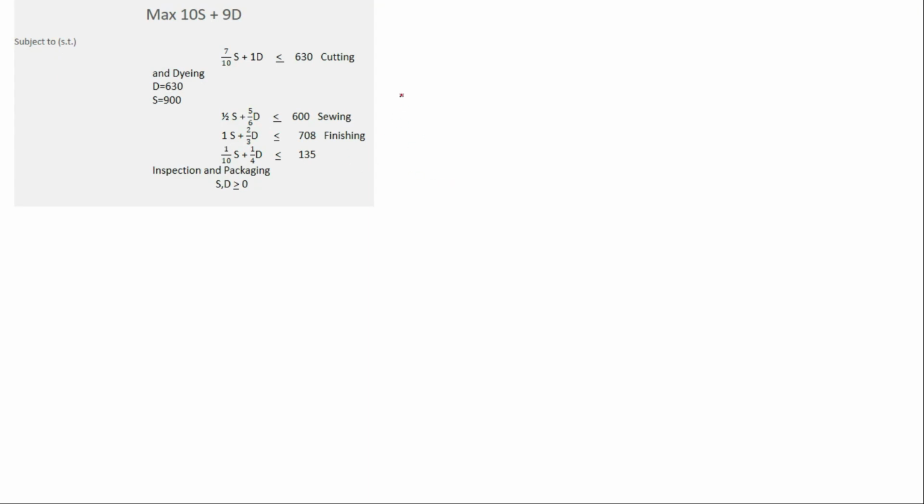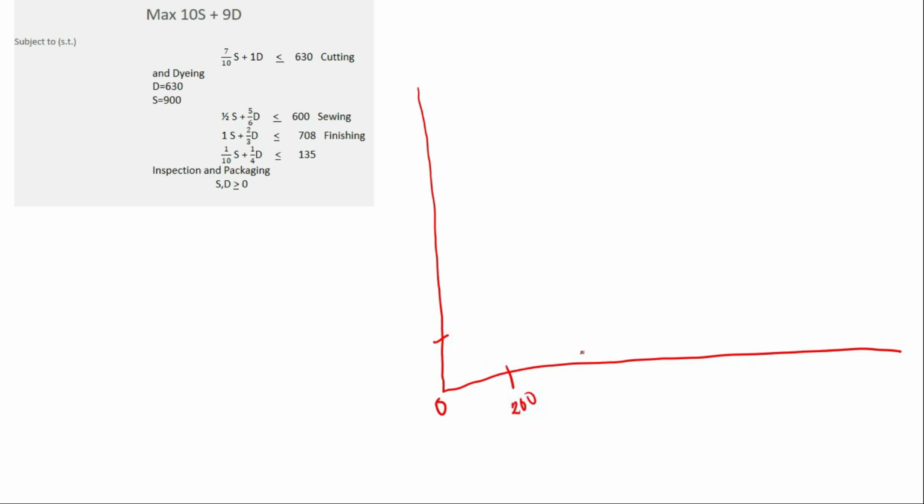Let us draw the graph. This is 0, and then 200, 400, 600, and then 900.